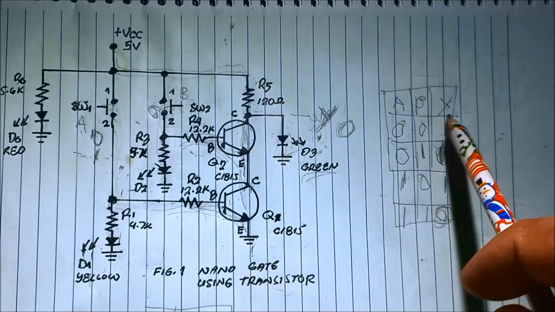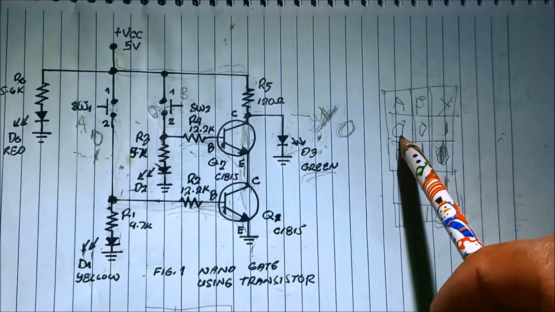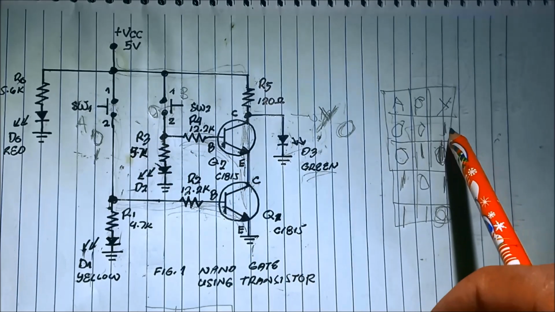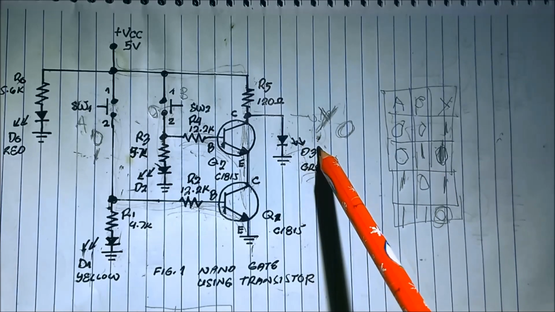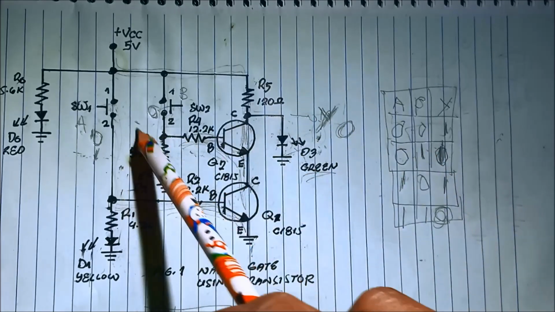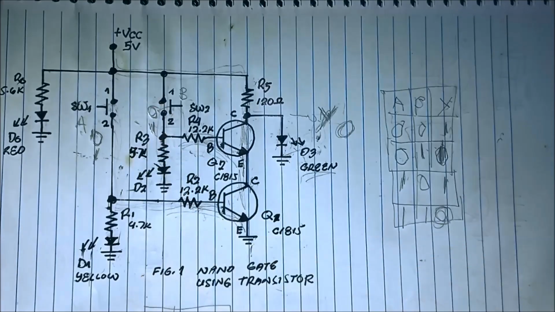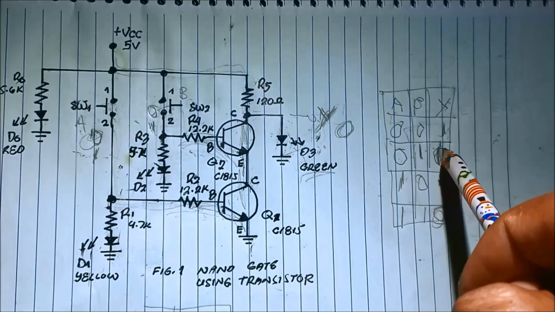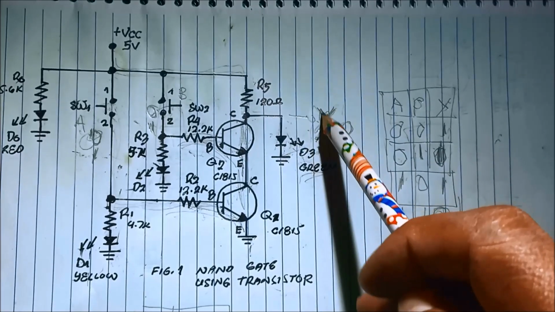So the truth table is: not pressing the switch, the output is 1. It means output LED turns on. If we press the switch 2 and we did not press the switch 1, still the output is 1 or remains on.